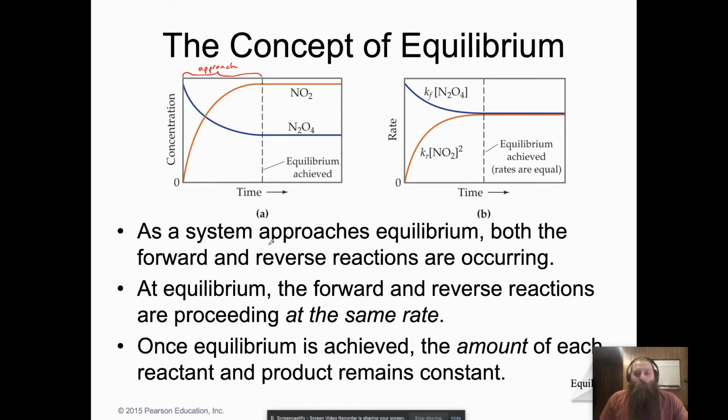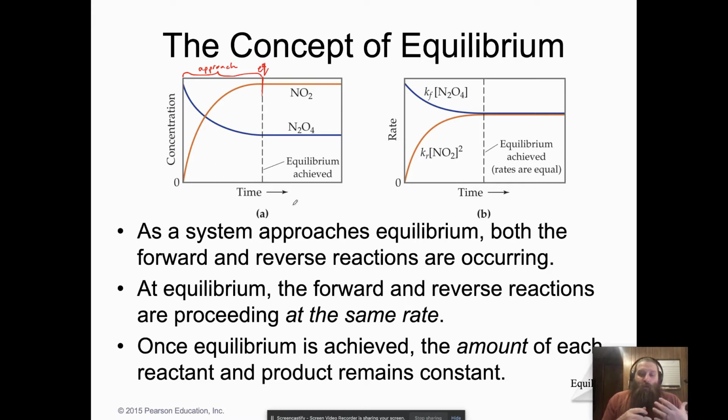Now, to us as the observer, it appears that the reaction is only moving in one direction, but both are actually occurring. At equilibrium, which is this dotted line right there, that's the point where, to our eyes, the reaction appears to cease. But what is actually happening is the forward and reverse reactions are occurring at the same rate. So what we observe is no net change.